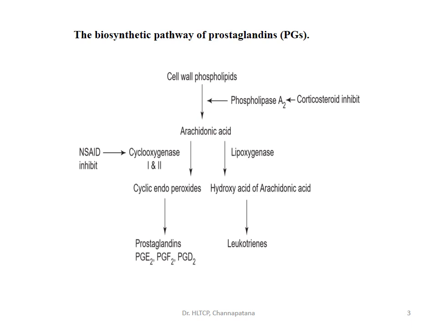Arachidonic acid, with the help of the enzymes cyclooxygenase 1 and 2, forms cyclic endoperoxides. These cyclic endoperoxides are converted to PGE2, PGF2 and PGD2.